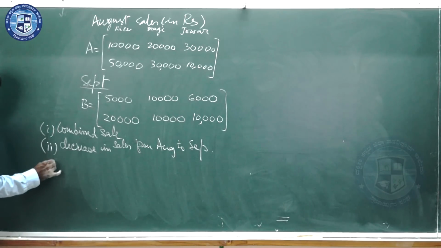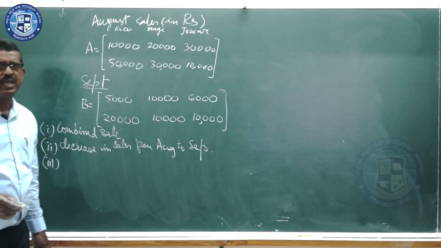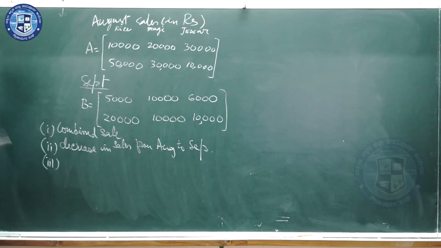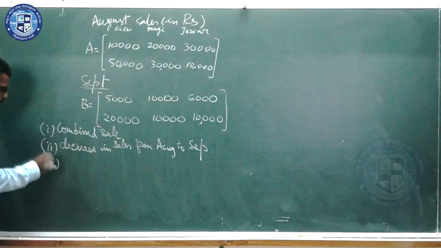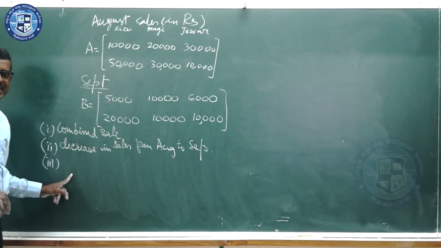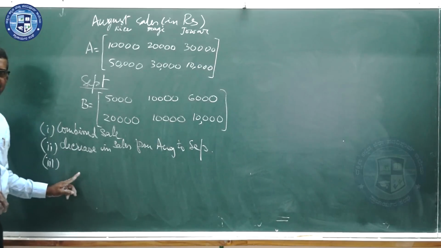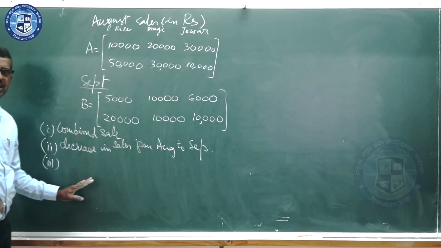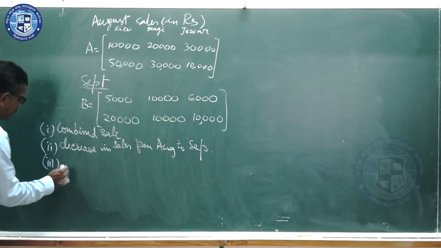Third question, let me take a question which is related to scalar multiplication. If both farmers receive 2% of profit on gross sale, compute the profit of each farmer.